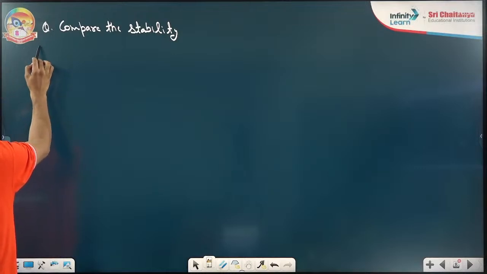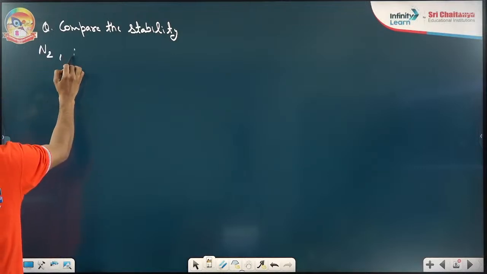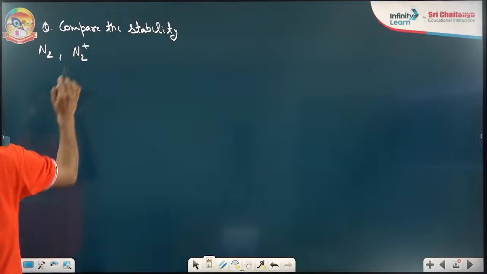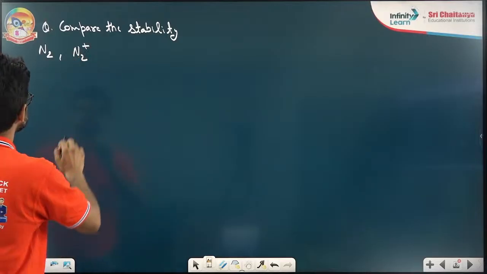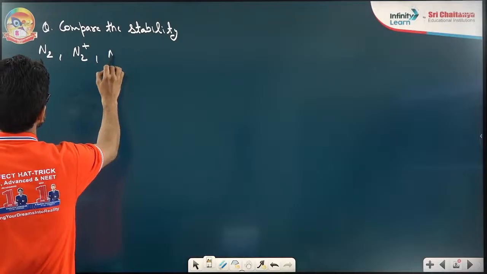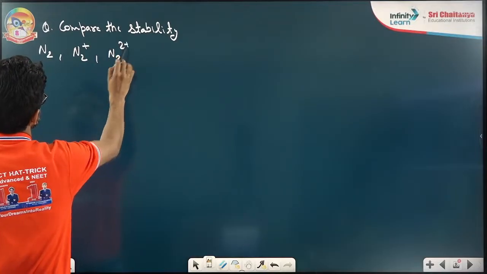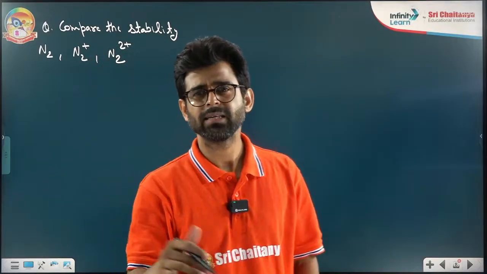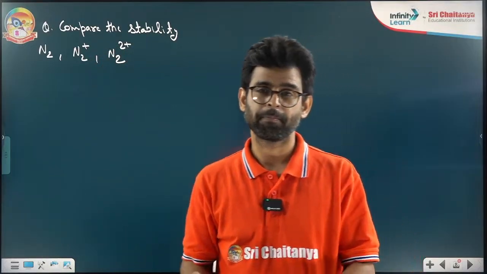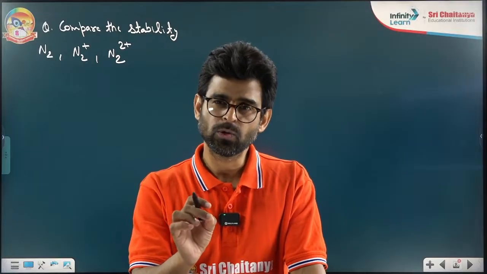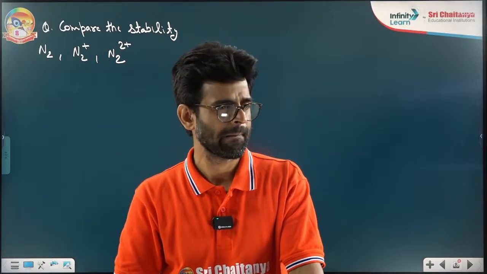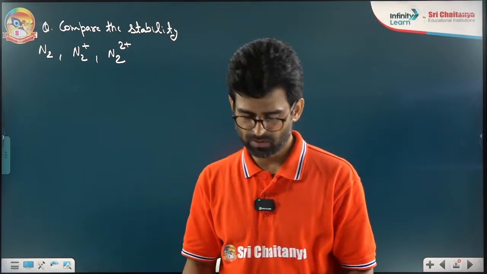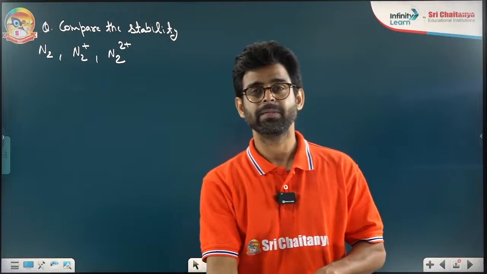Here I am saying, beta, one is N2, one is N2 plus, and N2 2 plus. These are the three molecules or molecular ions. Think about their stability. Stability also depends on bond order. So check the bond order using the shortcut, and then you can answer about the stability.